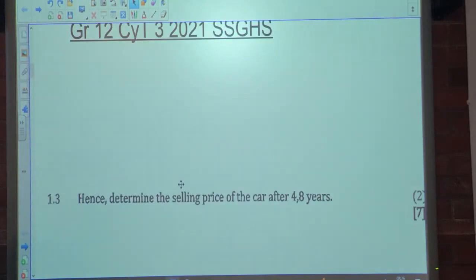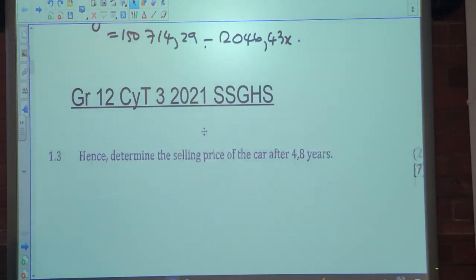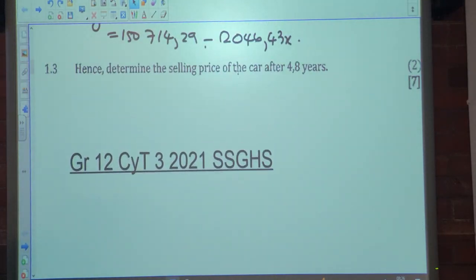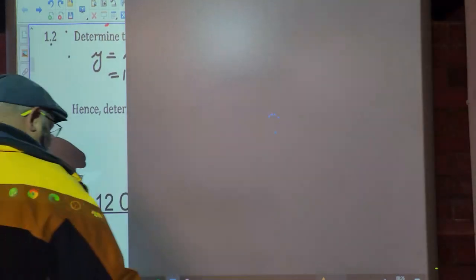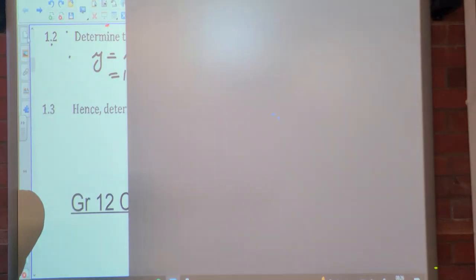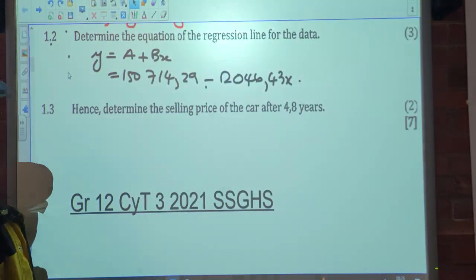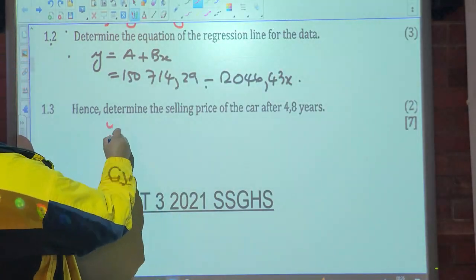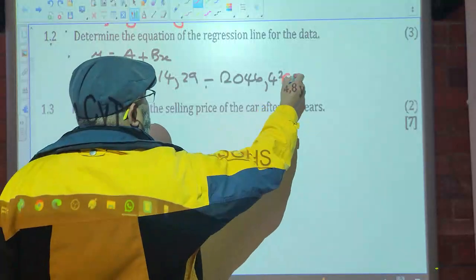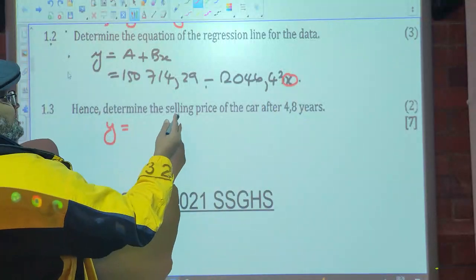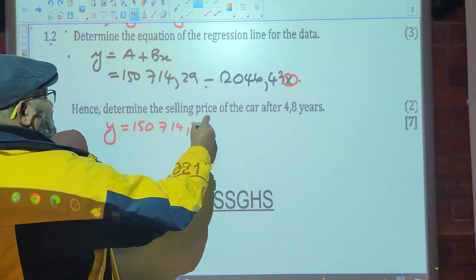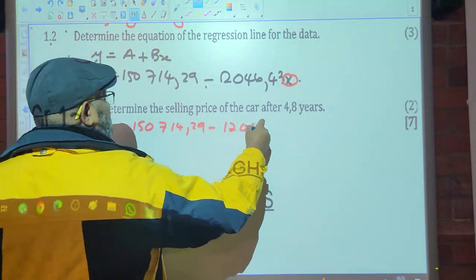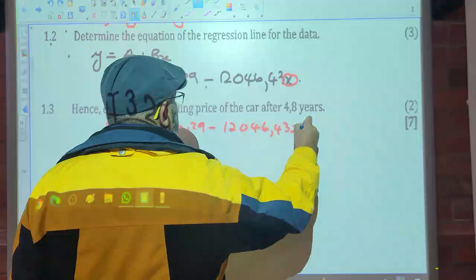Hence, determine the selling price of a car after 4,8 years. So what I do is I just enter 4,8 where I see X, so X was the representation of the year. So it's 150,714.29 minus 12,046.43 multiplied by 4.8.